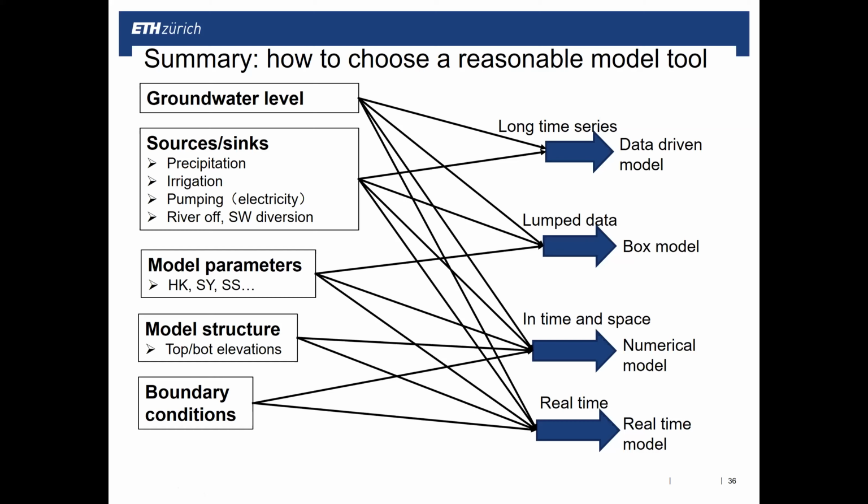The uncertainty is so important for decision makers to make a decision. So the core of the message is that we should try our best to use all the data we collected to make it useful for groundwater level forecasting.